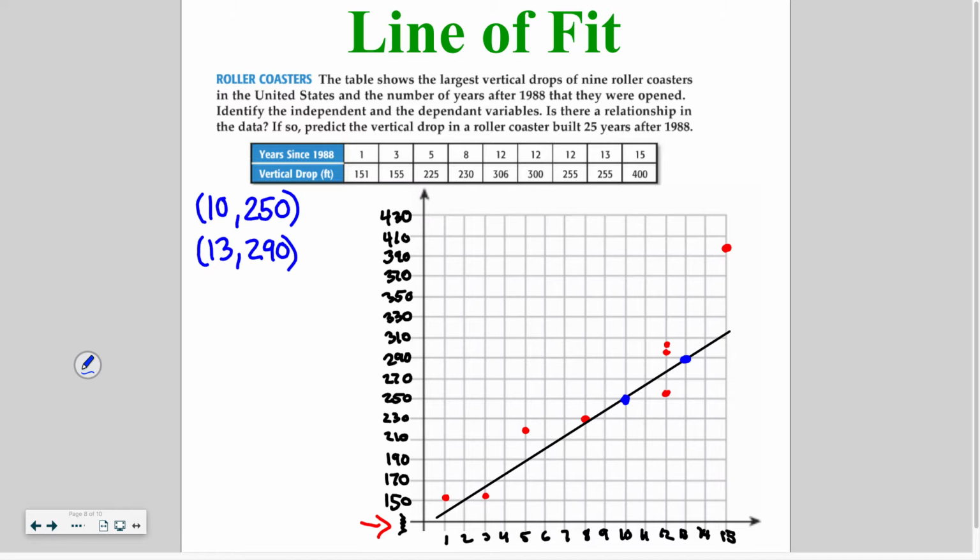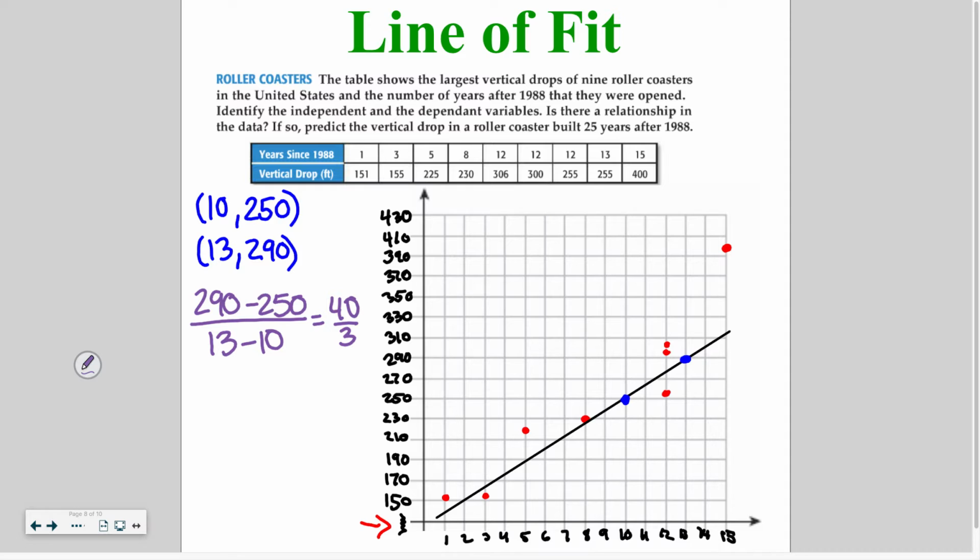So now I'm going to use those 2 points to find slope using the slope-intercept equation. So I have 90 for y2 minus 50 for y1 over 13 minus 10, which gives me 40 over 3. 40 over 3 is kind of a difficult slope to work with.